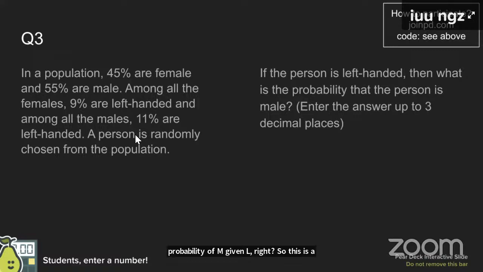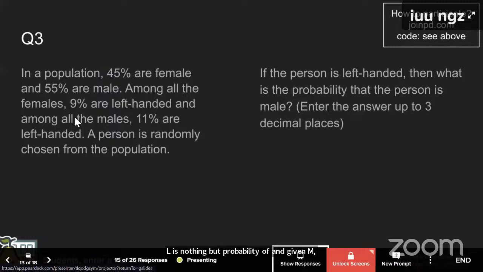Now M given L is going to be probability of M intersection L divided by probability of L. Probability of L you have already found out in the previous question. And probability of M intersection L is nothing but probability of L given M times probability of M, right? And that should give you the answer.